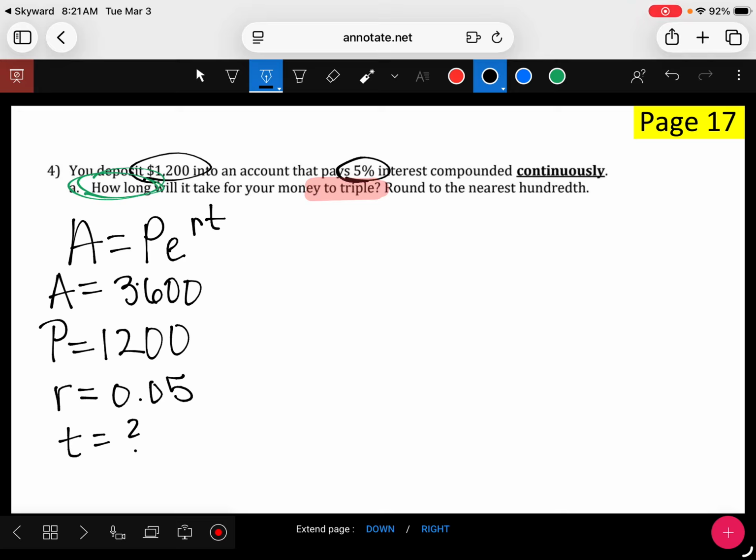All right, so let's go ahead and solve this out. So you have 3,600 equals 1,200 E to the 0.05 T. All right, exact same steps. Look back to number 3. You're going to divide, put in a natural log, and divide again. Exact same steps as number 3.